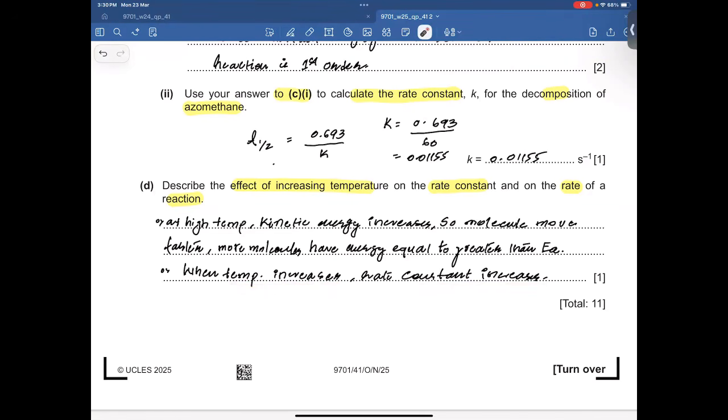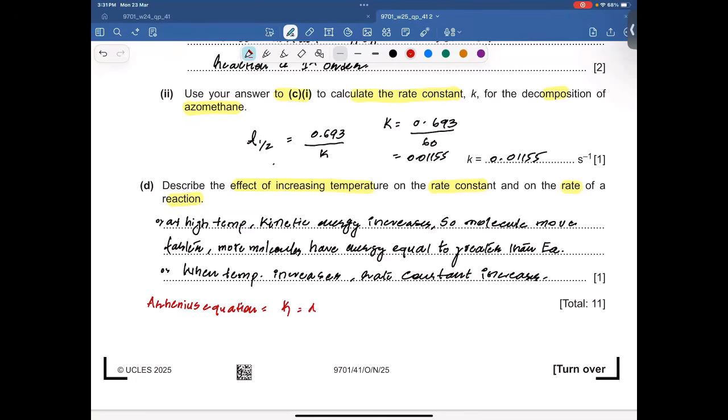What is the logic behind that? So this logic can be explained on the basis of the Arrhenius equation. Let me give you a hint here so that you will get the idea of the reason behind this answer. Arrhenius equation.